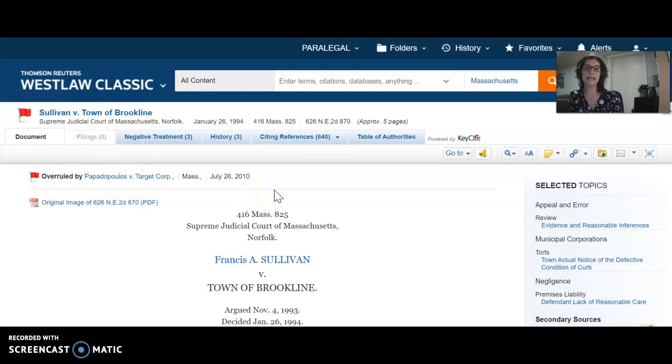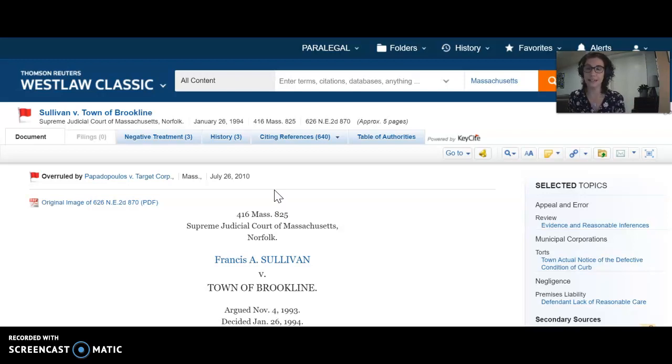So why did I say that Sullivan is overturned or overruled for at least one point of law? It is because cases often have multiple points of law that the judges are deciding. There has to be at least that one legal issue. You're familiar from your case briefing exercise: what is the legal issue?